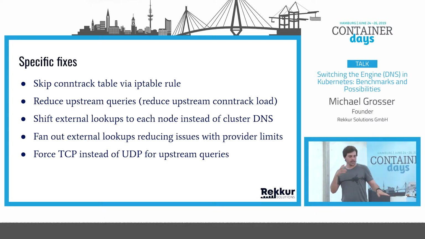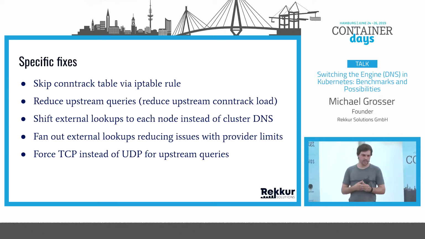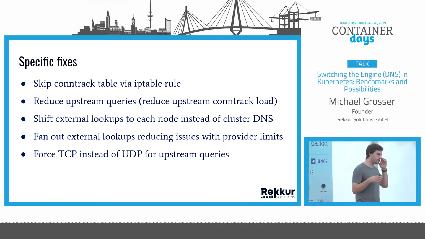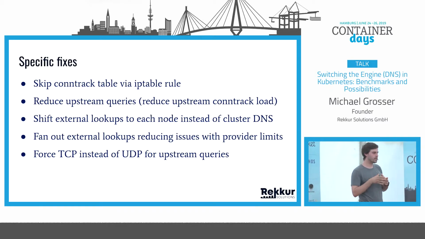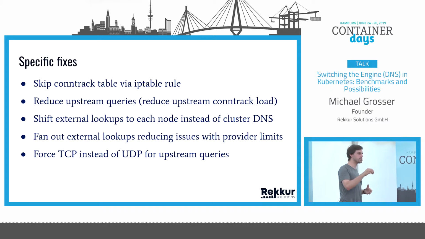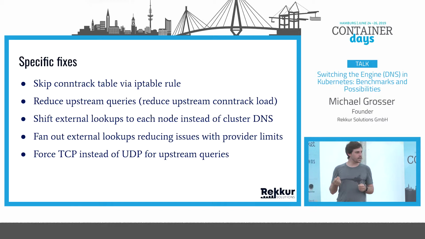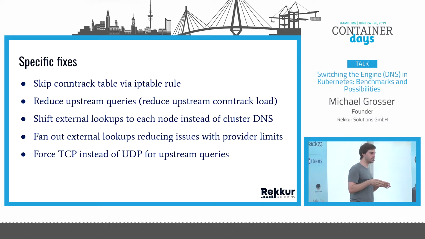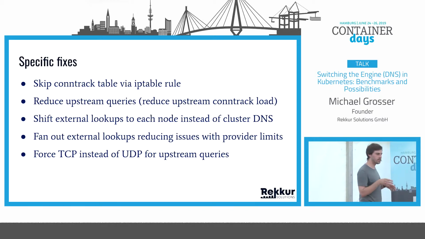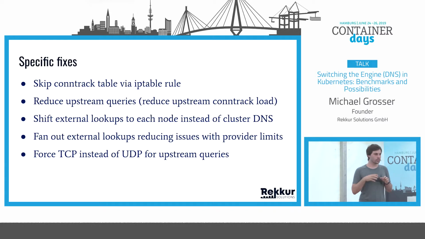Another thing that is being fixed is external lookups. Usually external lookups create a lot of load on the cluster internal DNS service. What node local does is, everything that is not cluster internal, so it doesn't need to go to the central CoreDNS, will exit the node right from the node and then go to an upstream server.